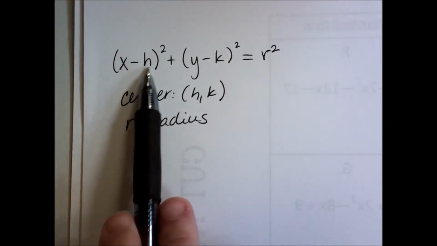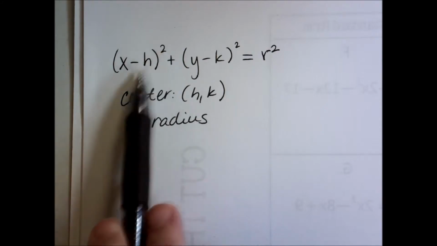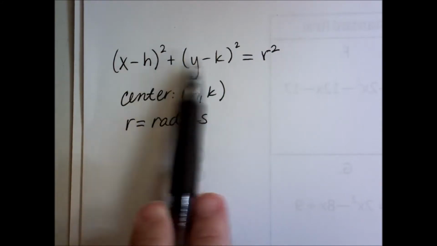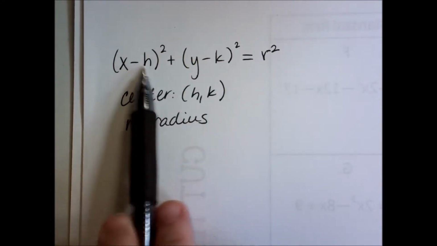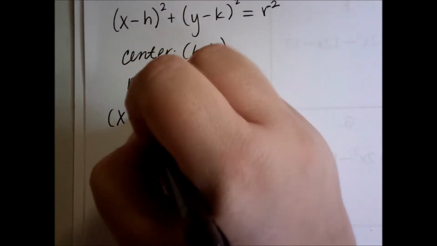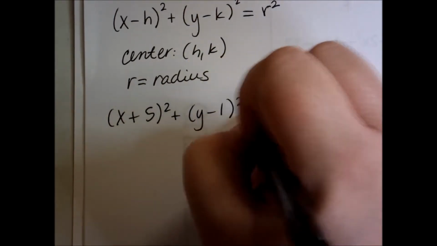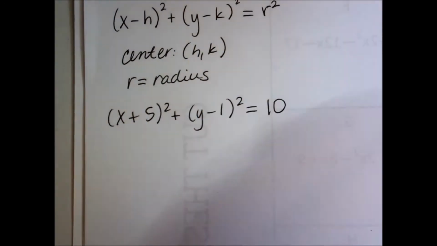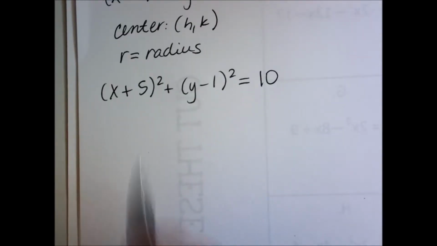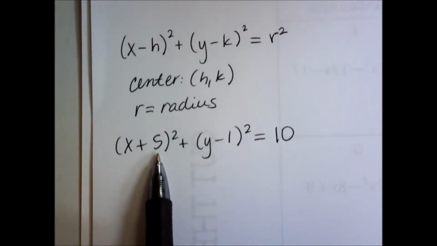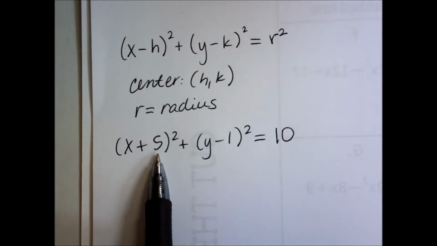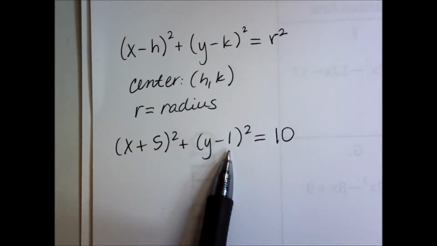Another thing is, since both of these are x minus something squared, whatever you see here, you're going to say the opposite sign when you're talking about h or k.